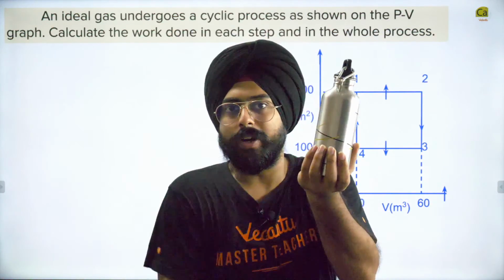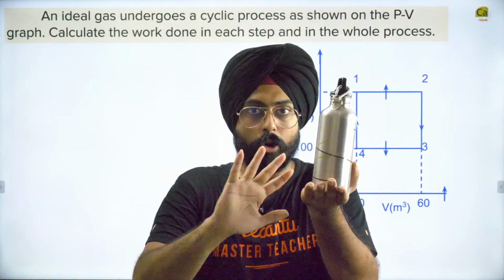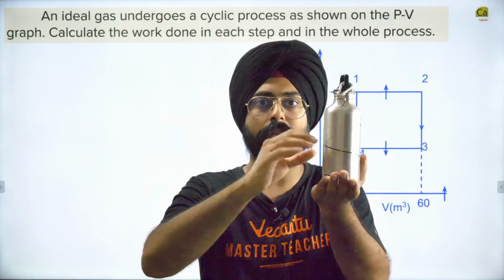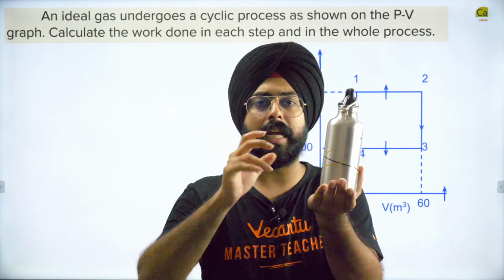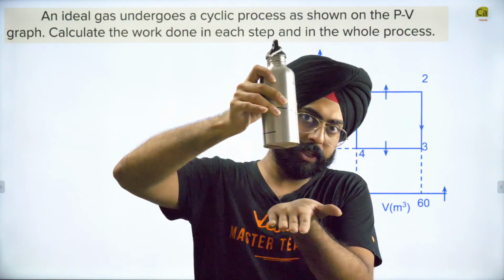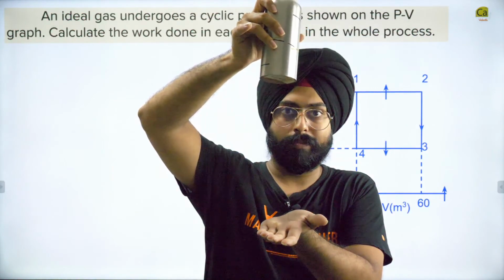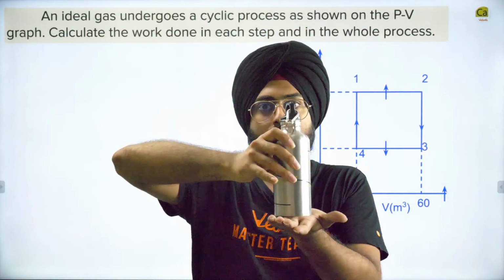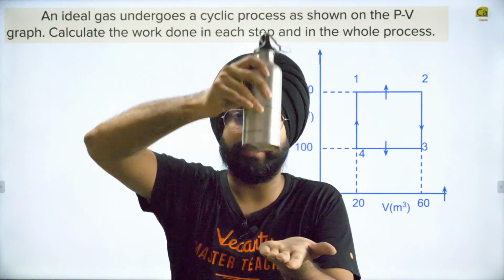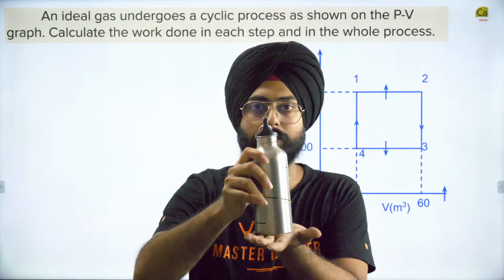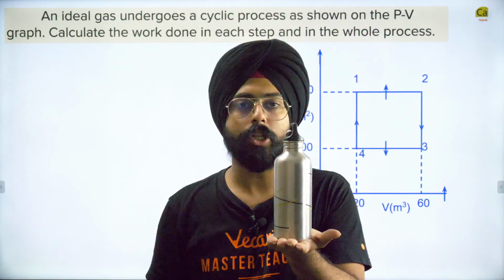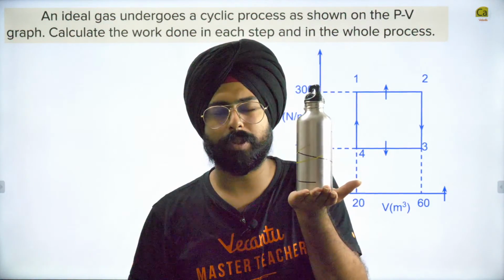No matter how far it is from the ground, without even considering its height from the ground, I can calculate the potential energy difference from here to here. And if I start from here, move around the entire world and then come back to this place, is there any change in potential energy? No. It still will fall to the ground with the same amount of force.